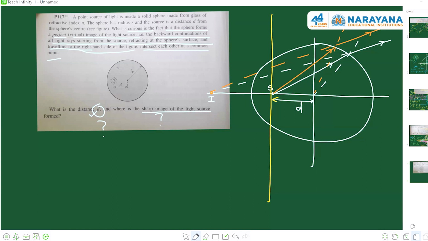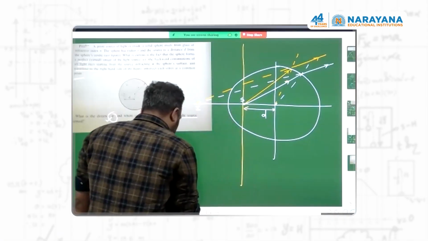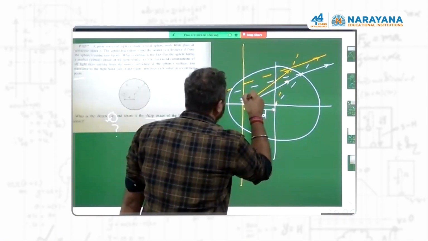Indirectly, what he wants to say is that these rays coming out outwards from all the points of the sphere are coming out only when they are traveling rightwards. That point is quite important because it helps me write one equation.